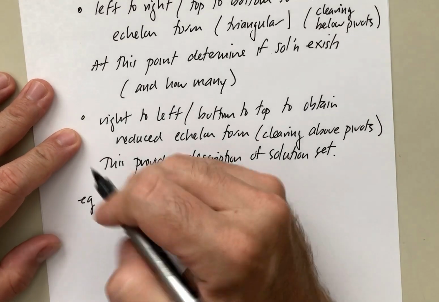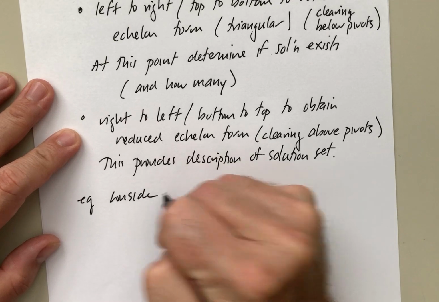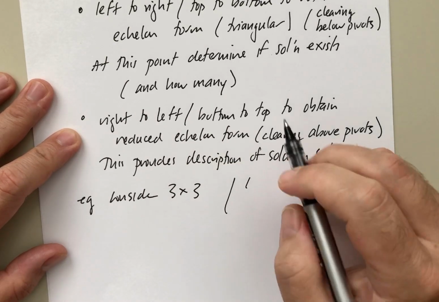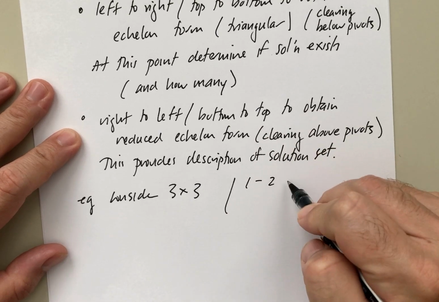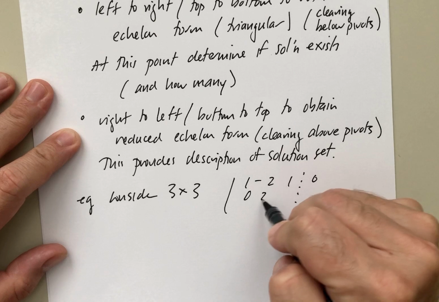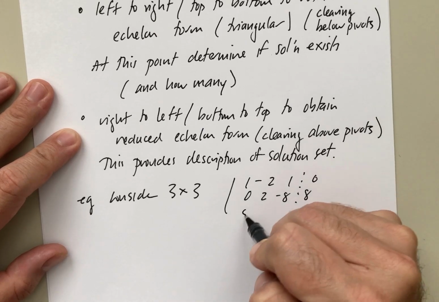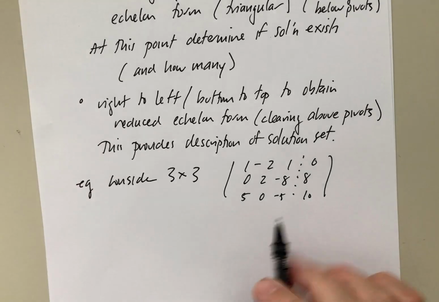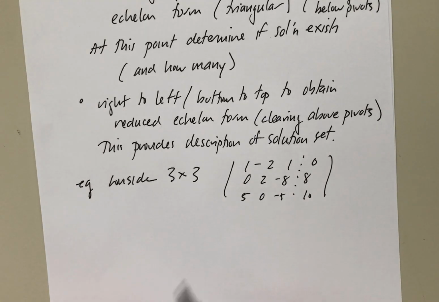So let's consider a 3x3 system. 1, minus 2, 1, 0, 0, 2, minus 8, 8, 5, 0, minus 5, 10. So this is a 3x3 system, right? I have 3 equations, 3 unknowns.